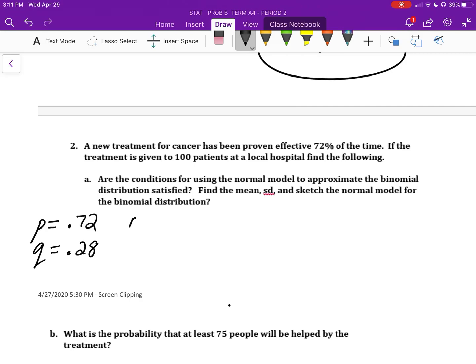So if we check n times p and n times q, n times p is 72 and n times q is 28. These are greater than 5, right? So we're good to use a normal model.